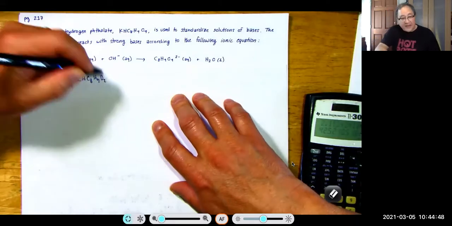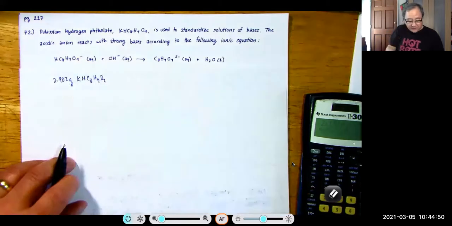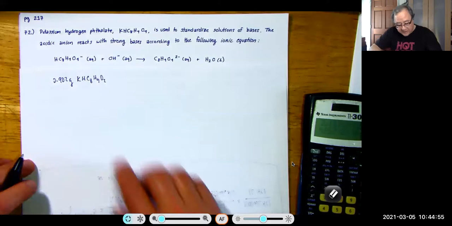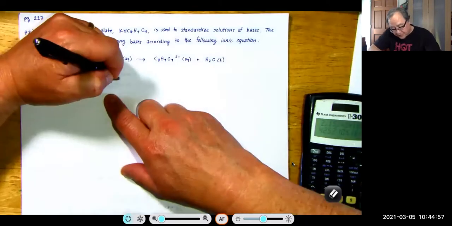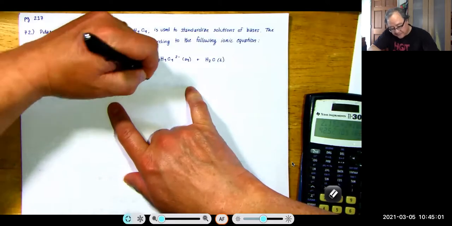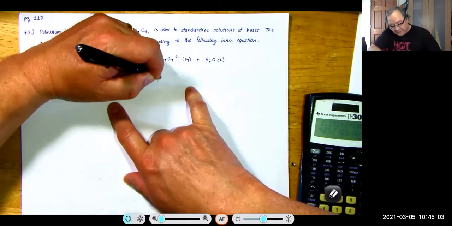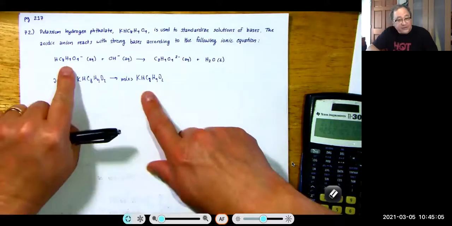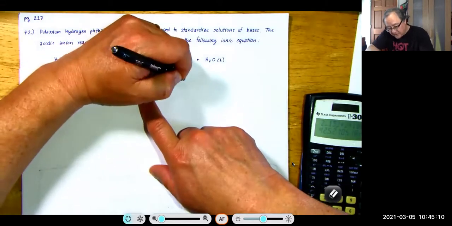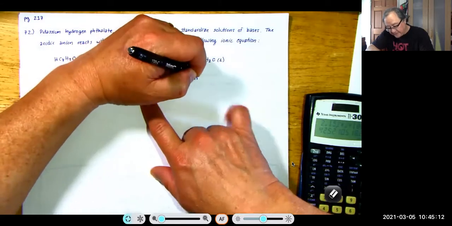So I'm going to abandon writing things underneath here, and I'm just going to write from here what I need to do. Now, I can turn that into moles of potassium hydrogen phthalate. And then if I really want to use this equation, I might want to turn that into moles of hydrogen phthalate.